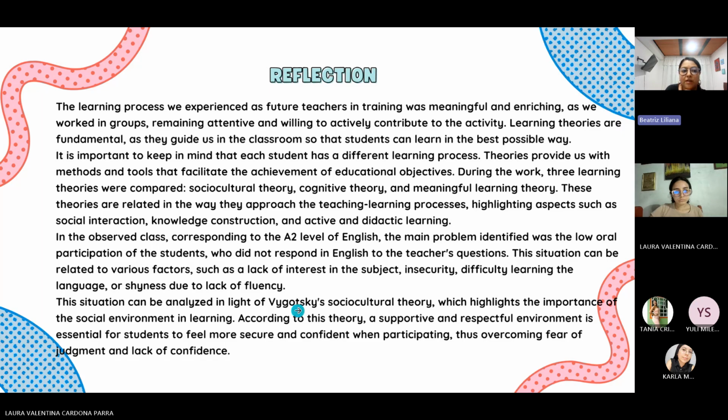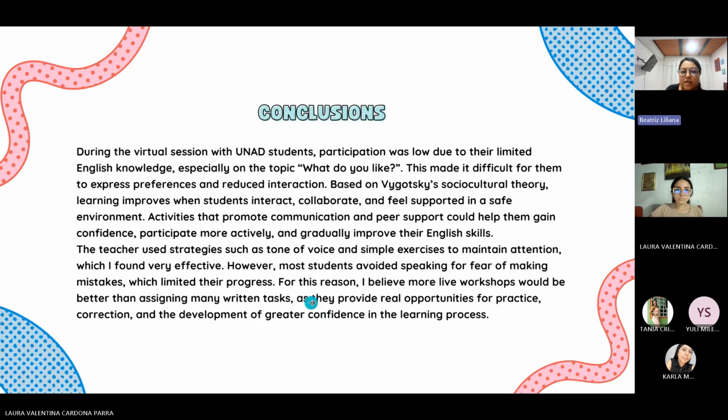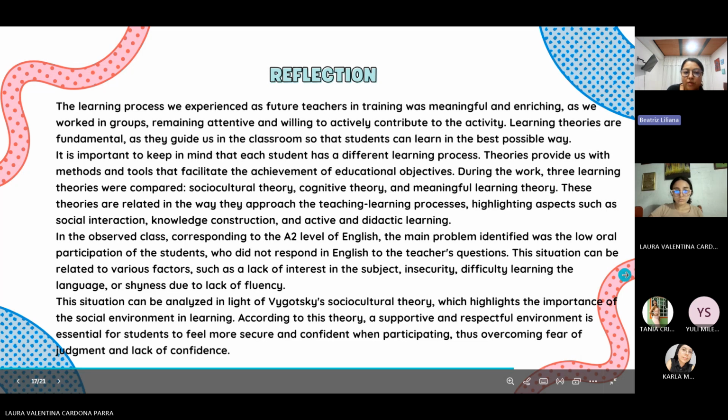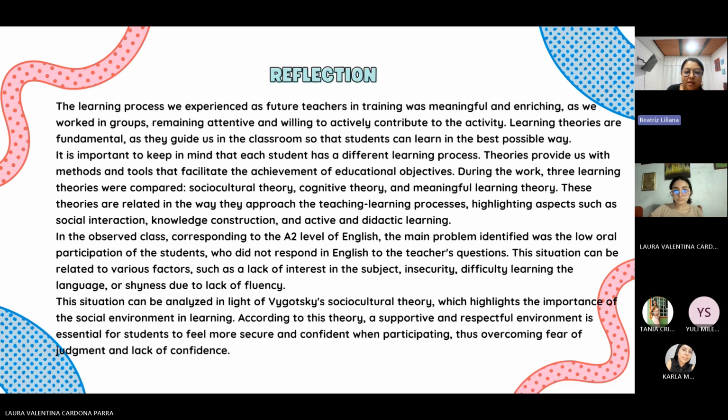This situation can be related to various factors, such as a lack of interest in the subject, insecurity, difficulty learning the language, or shyness due to lack of fluency. This situation can be analyzed in light of Vygotsky's sociocultural theory, which highlights the importance of the social environment in learning.